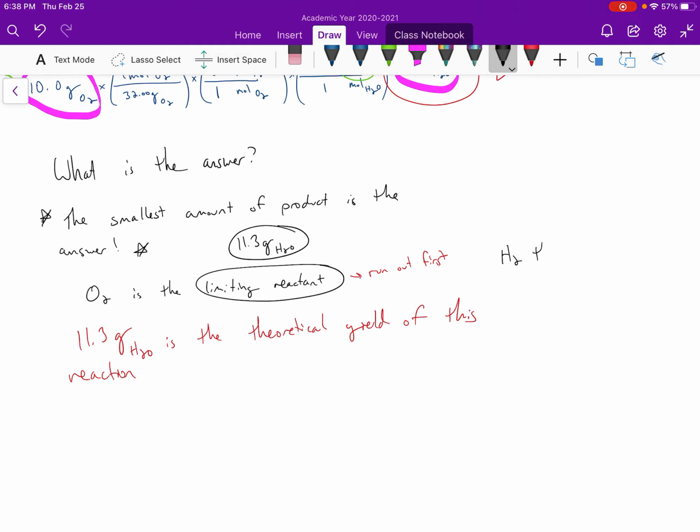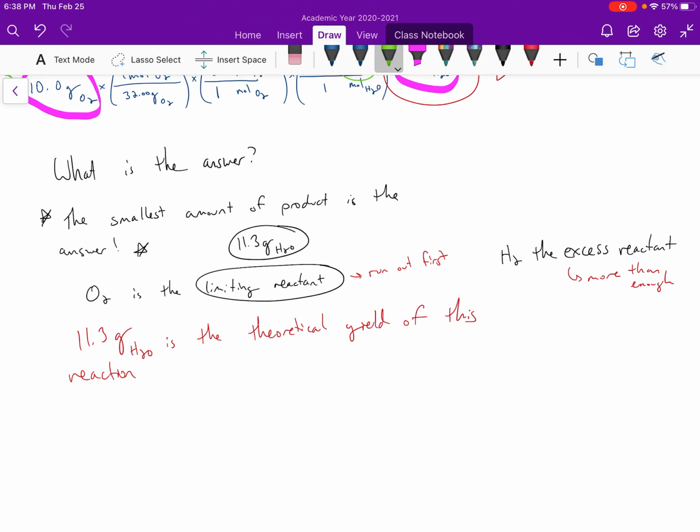But we would call hydrogen the excess reactant. Hydrogen is the excess reactant. We have more than enough, right? More than enough, okay? So 11.3 would be like the maximum yield possible of water, pending everything goes perfectly.